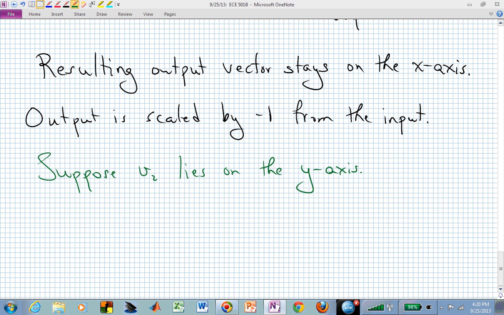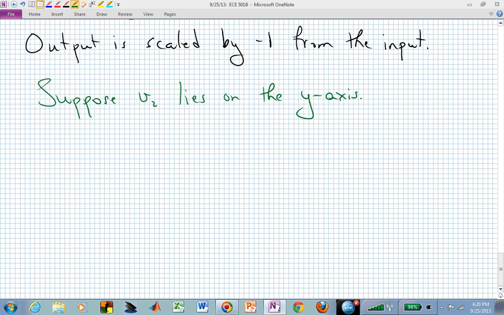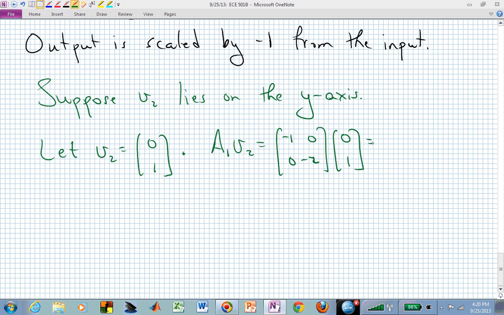I hope you can anticipate what's going to happen here. v2 is now (0, 1). If we have A1 v2, what is that vector doing to the columns in the A matrix?